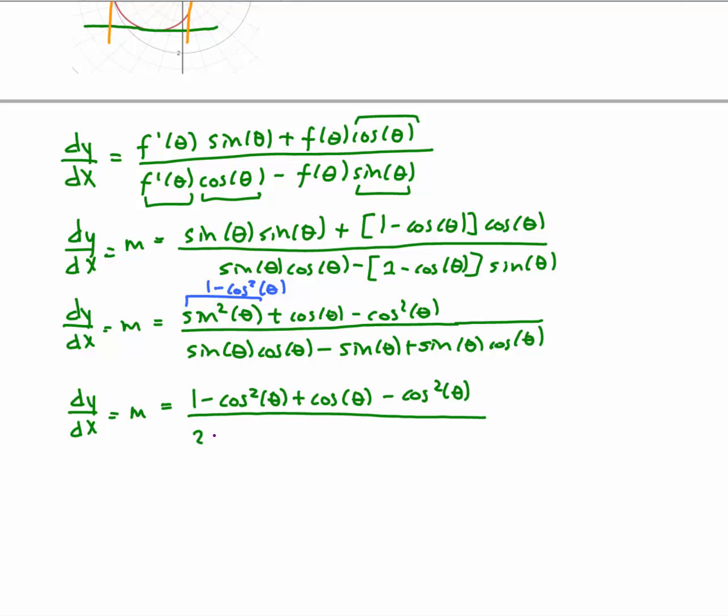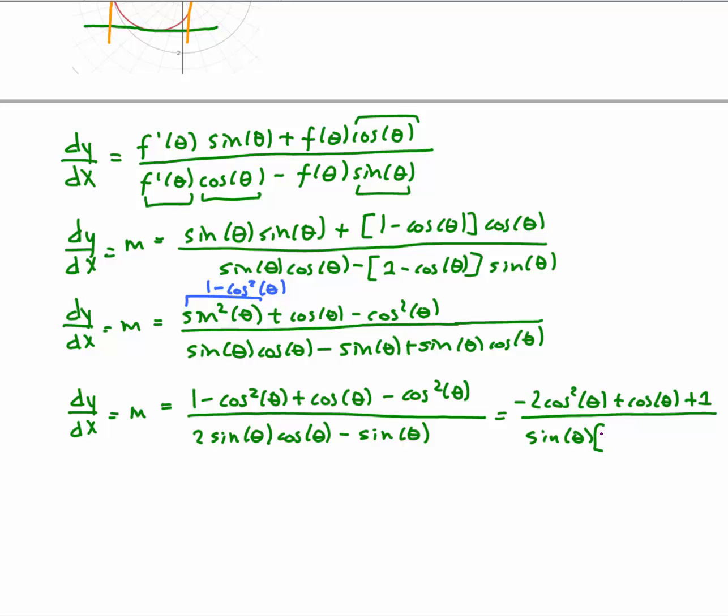Sine theta cosine theta is 2 sine theta cosine theta when I add those together, minus sine of theta. Okay, so here I have a negative 2 cosine squared theta plus cosine of theta plus 1. Make sure you have everything right there. And in the denominator, if you notice, there's a sine theta that's common. So I'll just go ahead and pull it out this step. So I'll be left with 2 cosine theta minus 1.